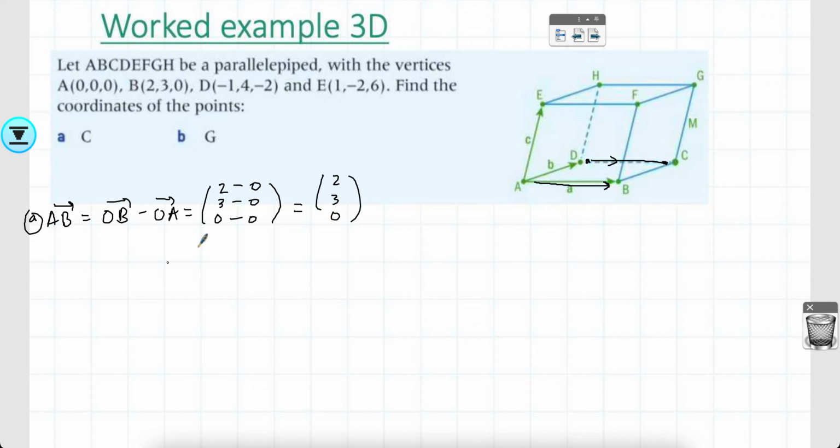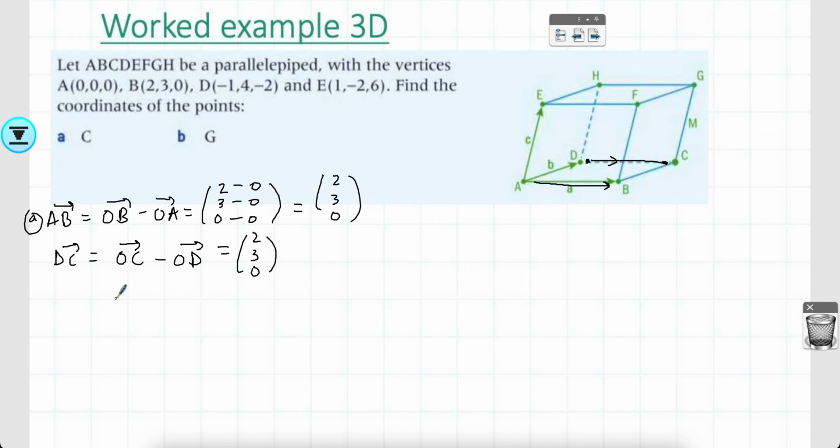And then I know that this represents the vector movement here, and I know it's parallel here. So precisely, I know D to C will have the same sort of movement. And I know that it should be equal to 2, 3, 0 because they are parallel.